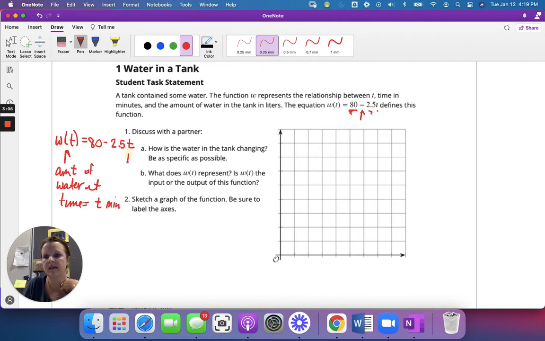And then T is the time in minutes. Time equals our input. And W of T equals our output.